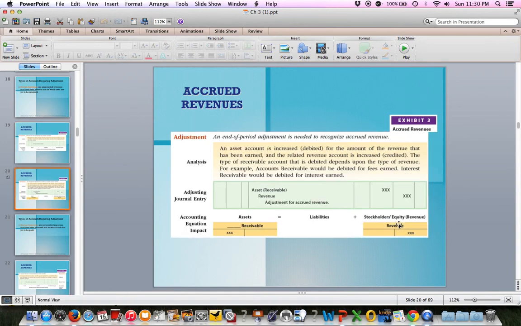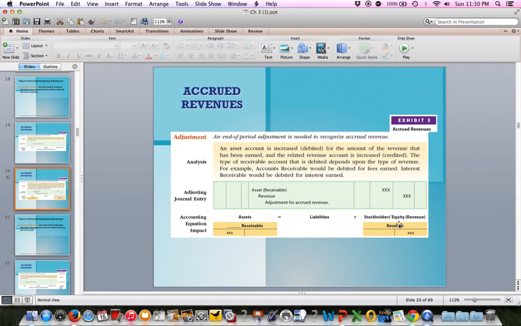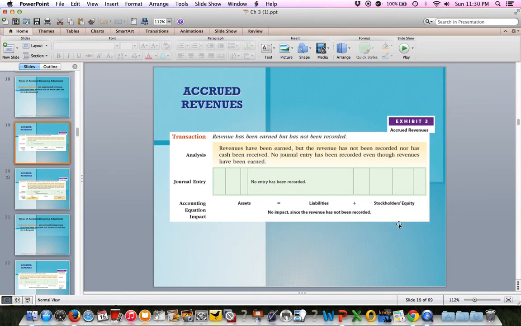So that lets me get to accrued revenue. With an accrued revenue, it says at the end of a period, we need to make an adjustment to record accrued revenue. Okay, so basically what happens in this first transaction is we didn't actually book anything yet. We've earned a revenue, but we didn't record anything yet.